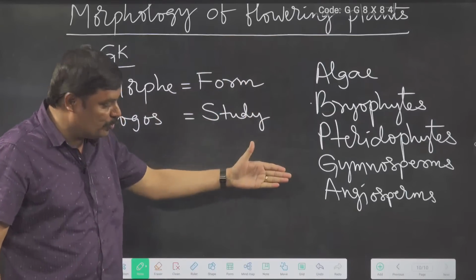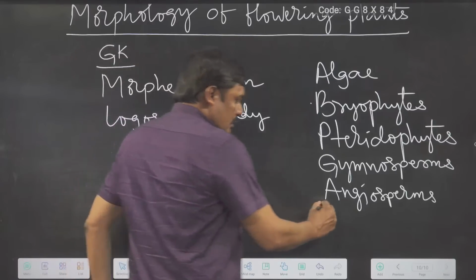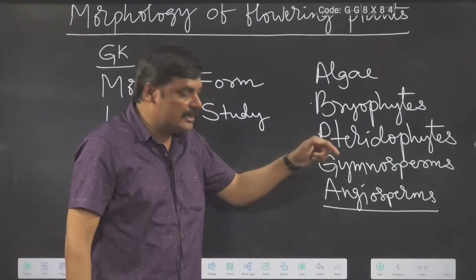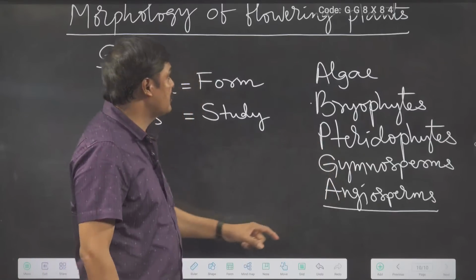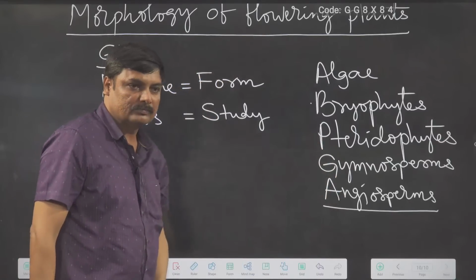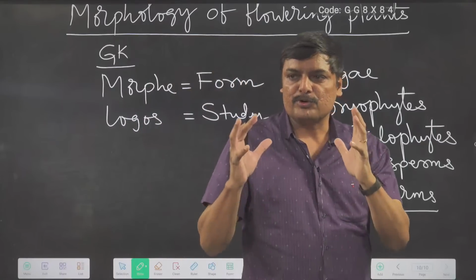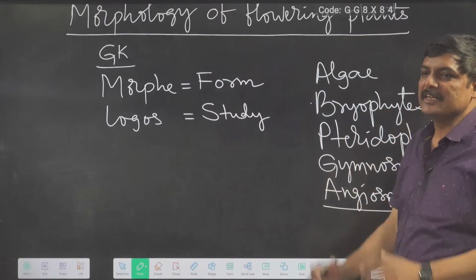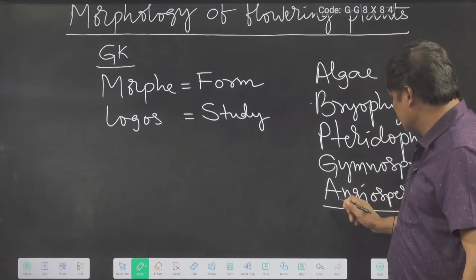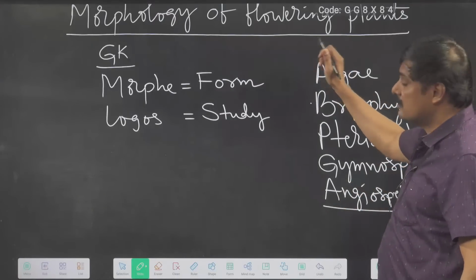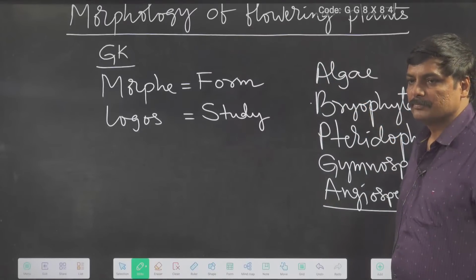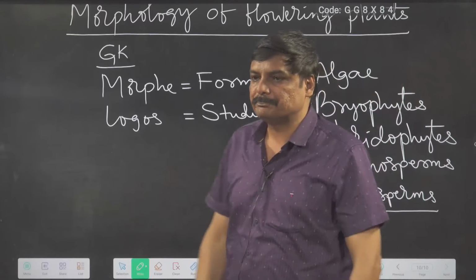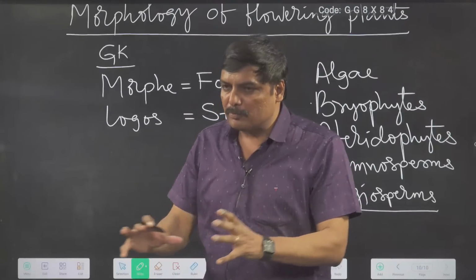Among all these 5 groups of plants, angiosperms are the advanced plants, the most recent plants, and these are called flowering plants. That means they produce flowers, they produce fruits, they produce seeds, right? And these angiosperms are the dominant, most evolved plants on the earth.